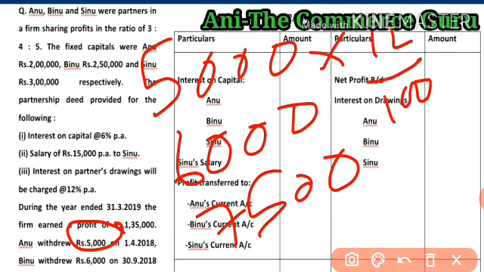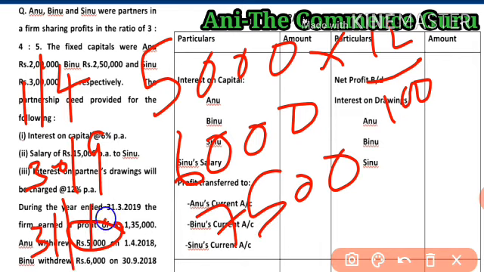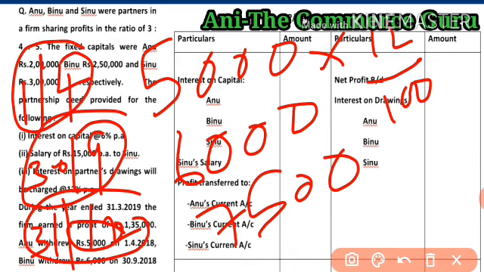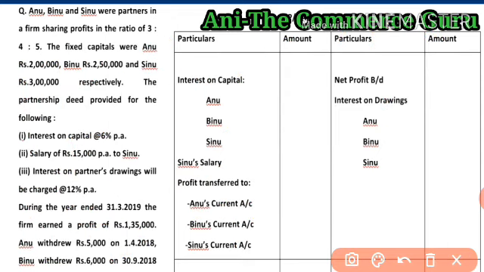But remember, the date of drawing is also given there. Anu 1st April 2018, Binu 30th September 2018, and Sinu 31st December 2018. So the date of drawing is different. So based on that, when you calculate interest on drawings, you have to adjust the period of drawing.